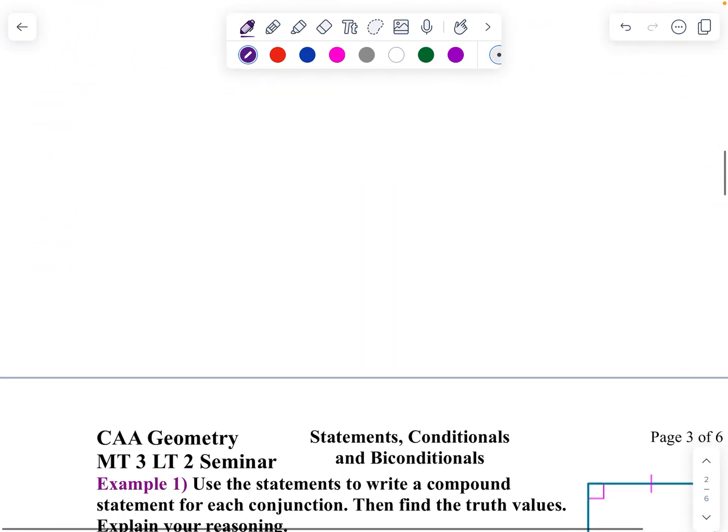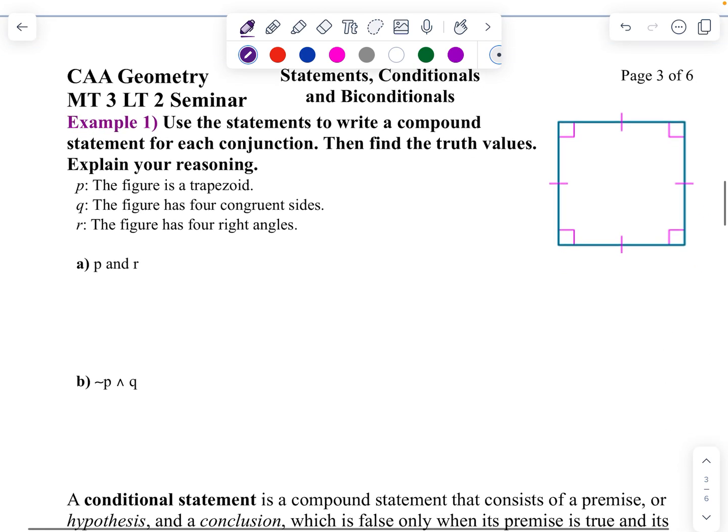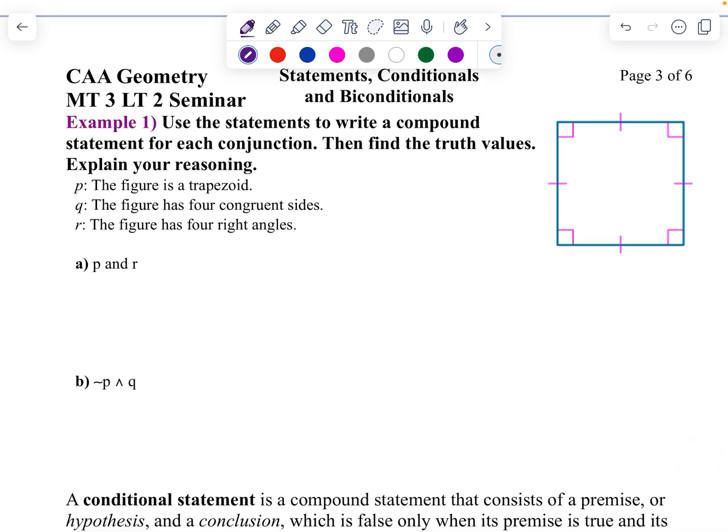Now let's take a look at a couple examples here. P and R. I want to write this out. So P is, the figure is a trapezoid. And R says it has four congruent sides.